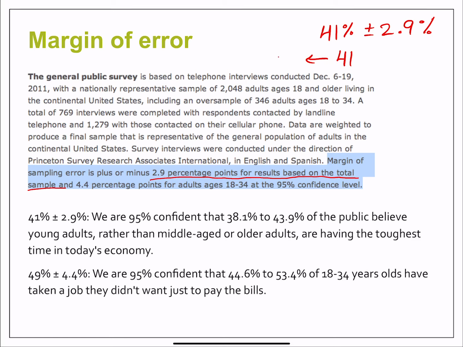We go that way and take away 2.9%, or we can go that way and add 2.9%. What's 41 plus 2.9? 43.9. And what's 41 minus 2.9? 39.9.